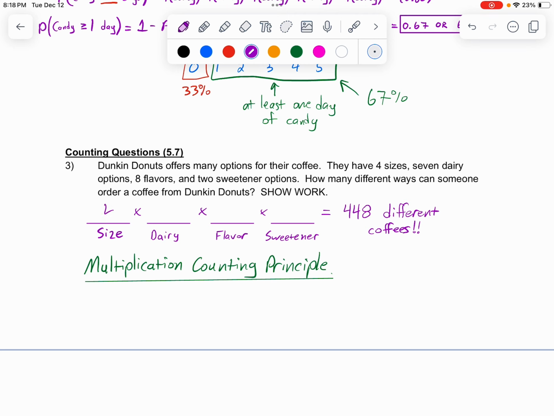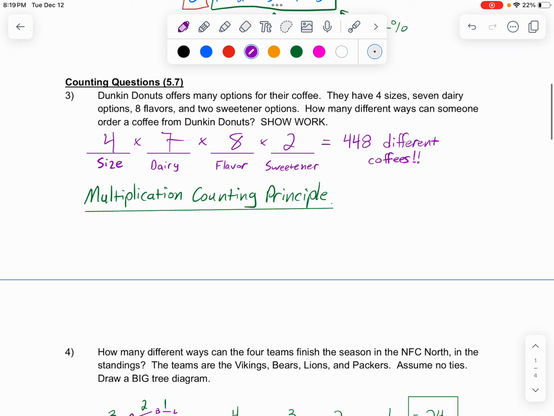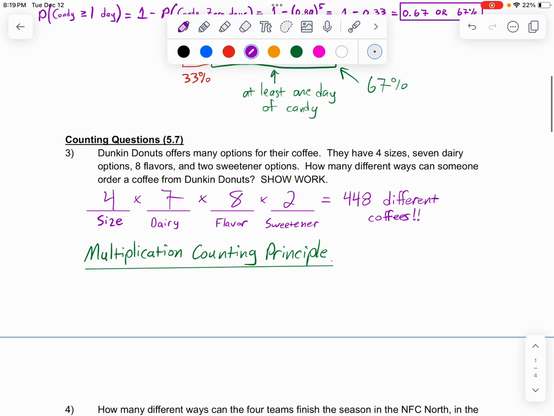So there's 4 sizes, 7 dairies, 8 flavors, and 2 sweeteners. All you do is take your calculator out and multiply those through to get 448. So when you step up to the counter, that's how many different things you could order.